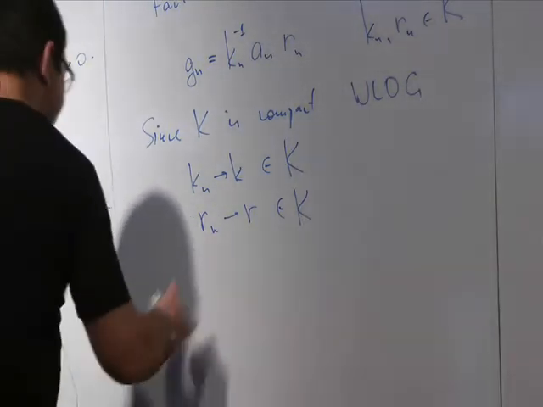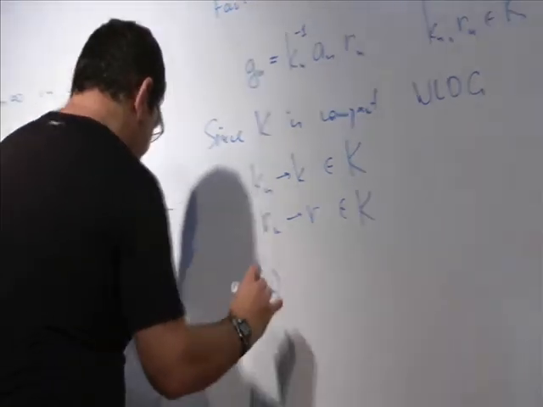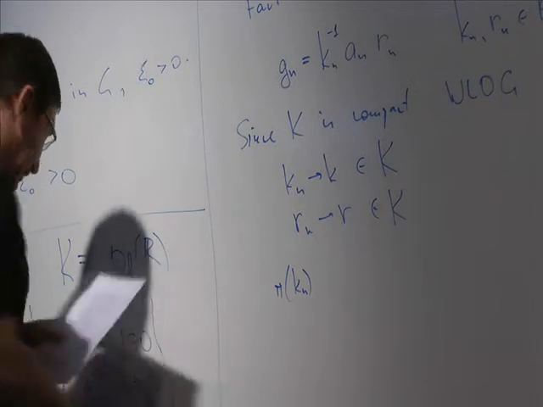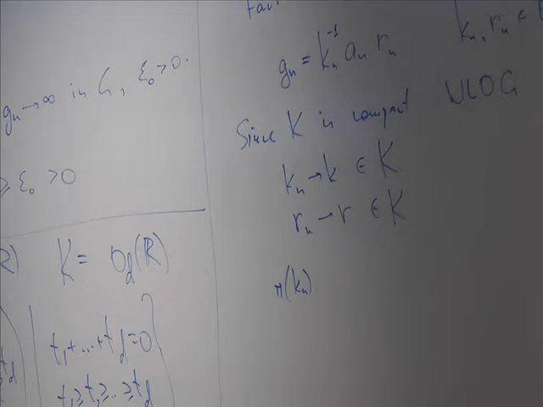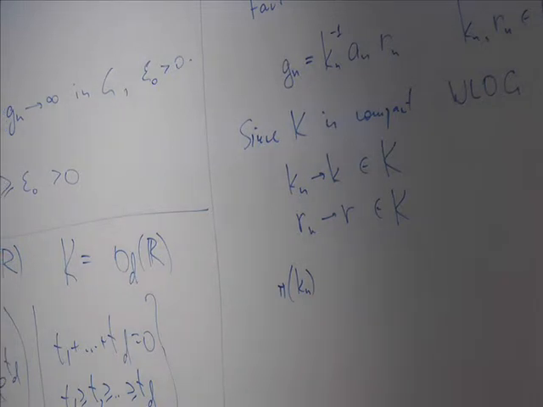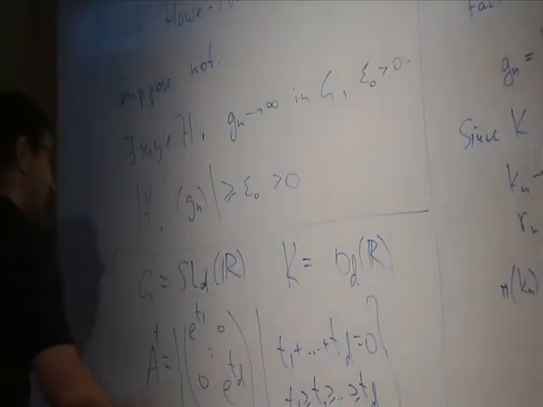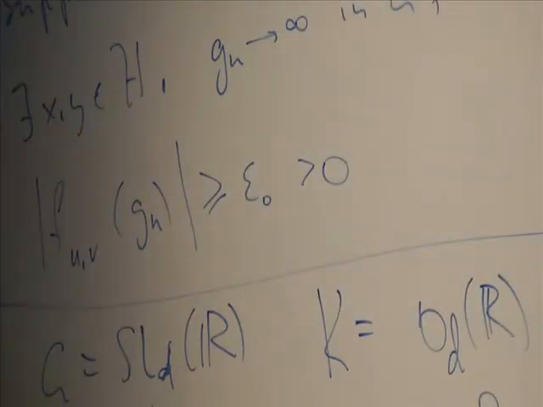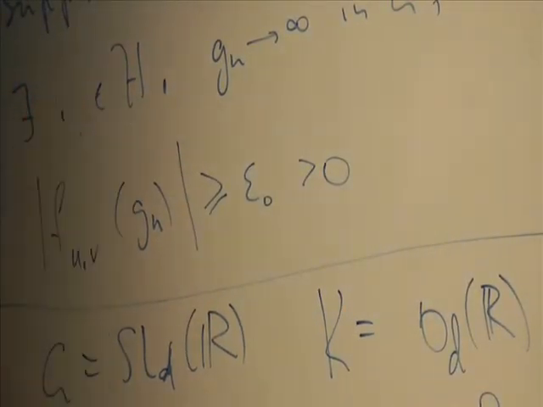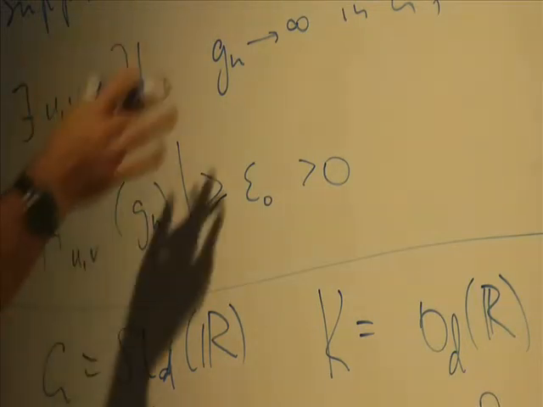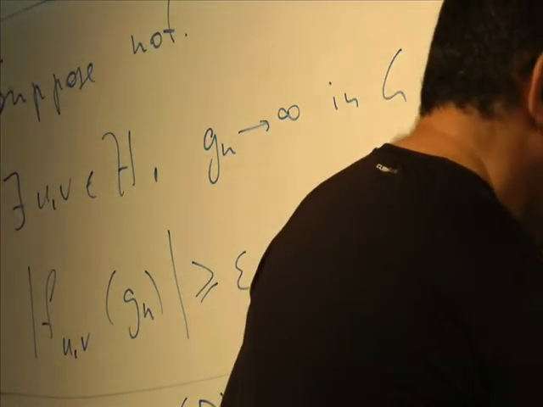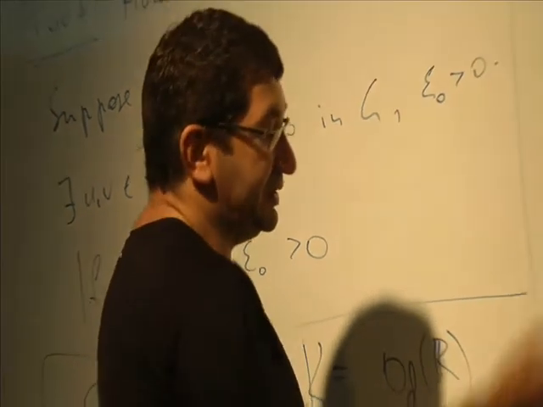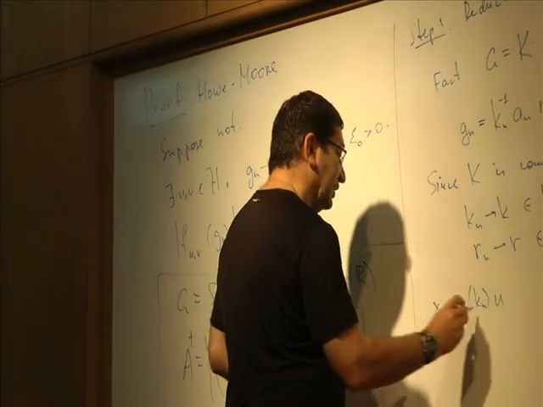Now, because of continuity, sorry. Let me say that this was u and v. So I had initially u and v vectors in the contrapositive assumption. And now call this x_n.